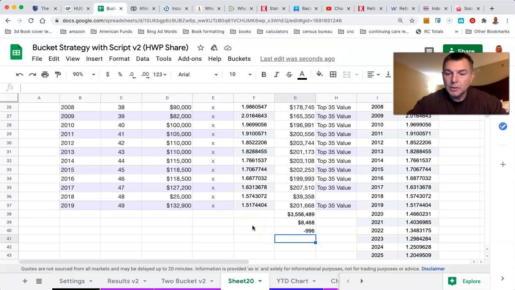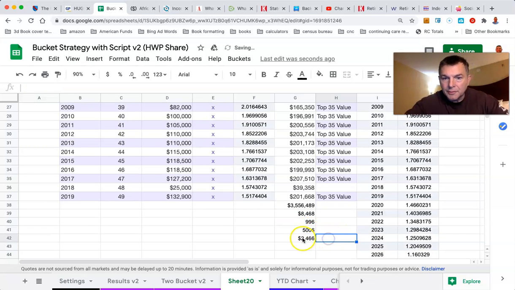We do equals 6,002 minus 996, and we get 5,006. Then we take the remainder, which is this minus this minus this. All right, so we got 2,466.